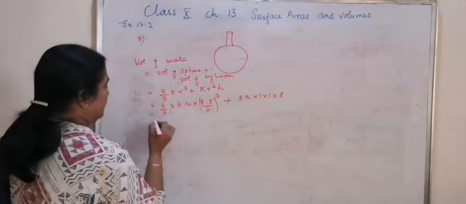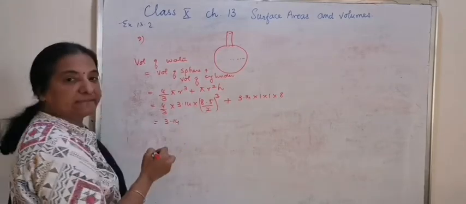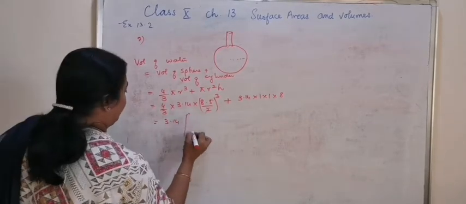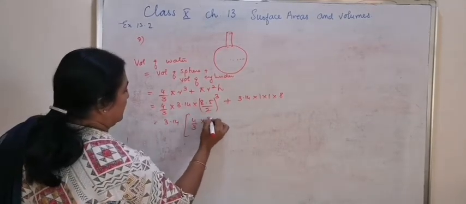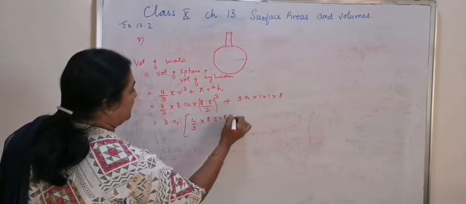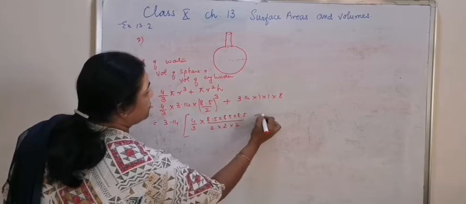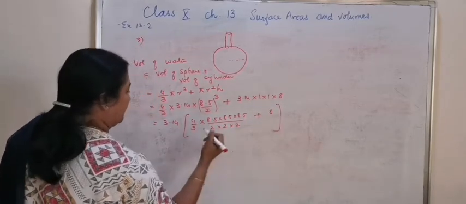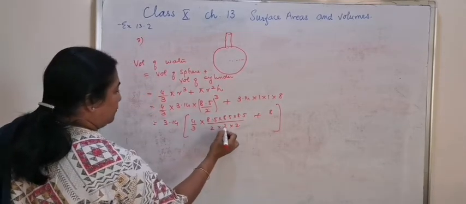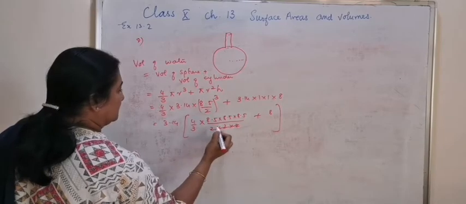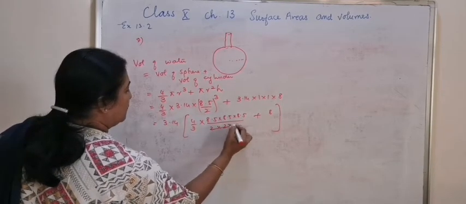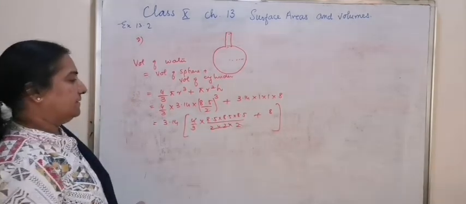This can be simplified by taking the common factor 3.14. 4 by 3 into 8.5 into 8.5 into 8.5 by 2 into 2 into 2, plus 8. 2 into 2 is 4, into 2 is 8. The 4 can be cancelled here.